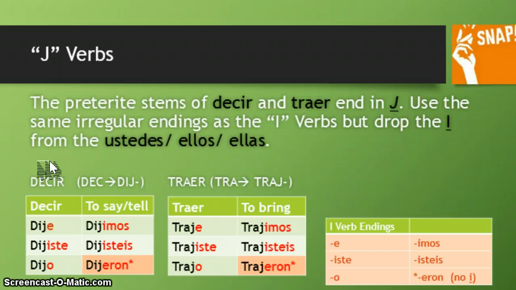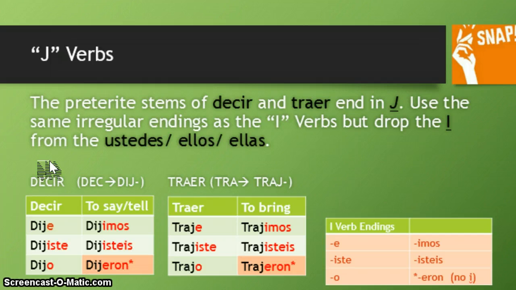Our verb decir, our stem now becomes DIJ. Por ejemplo, with my new endings, yo dije, tú dijiste, él, ella dijo, nosotros dijimos, vosotros dijisteis, and our last one, remember, no I is needed, dijeron.